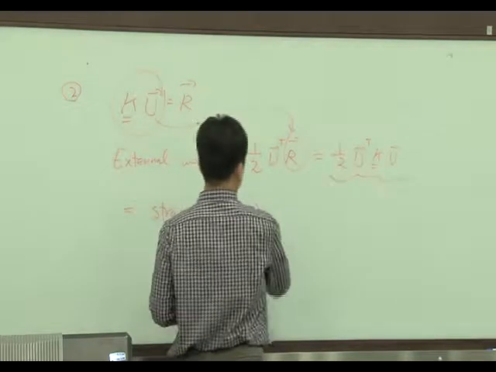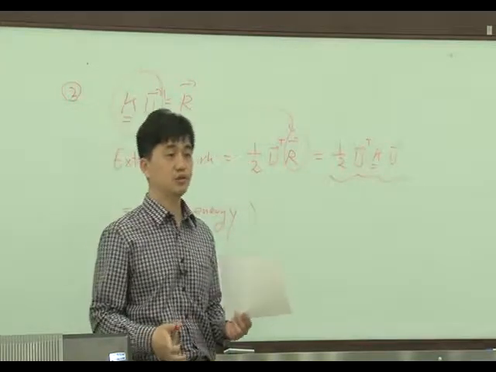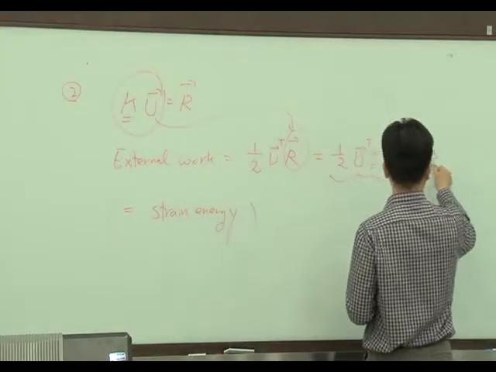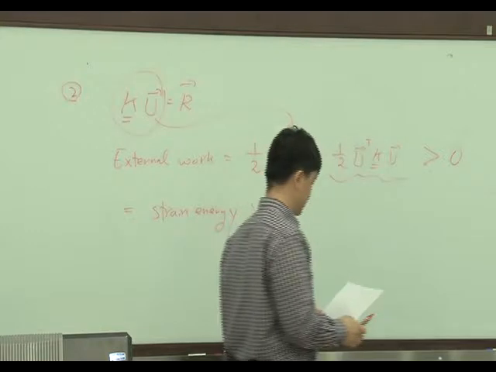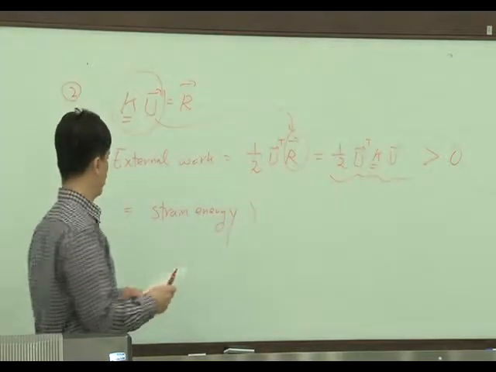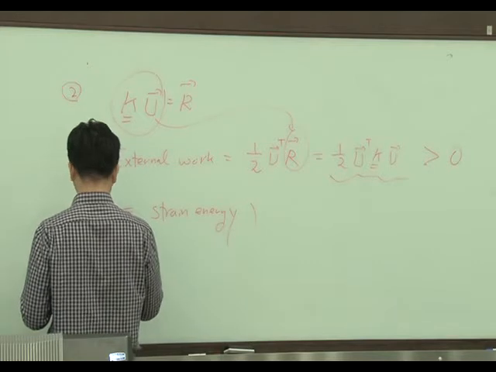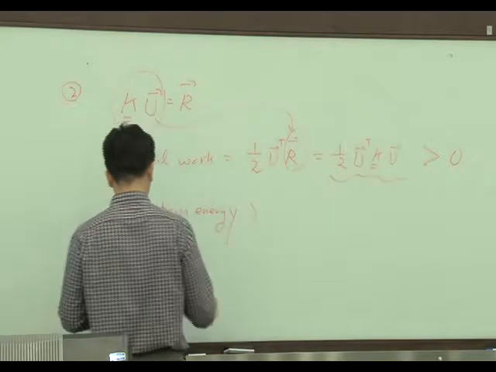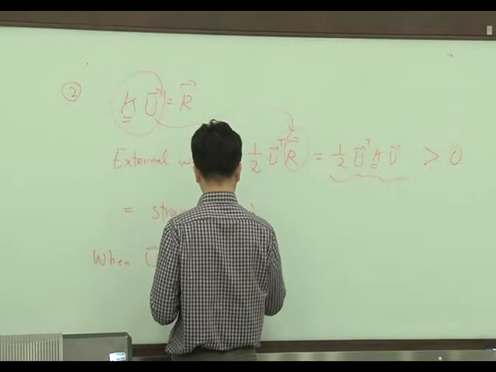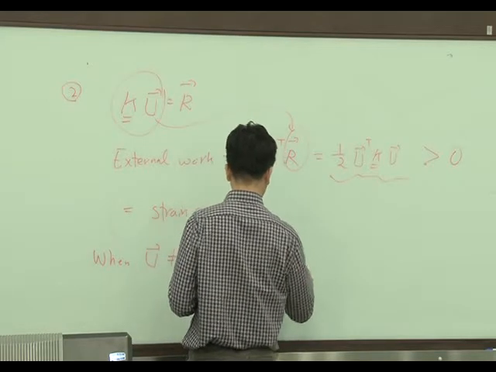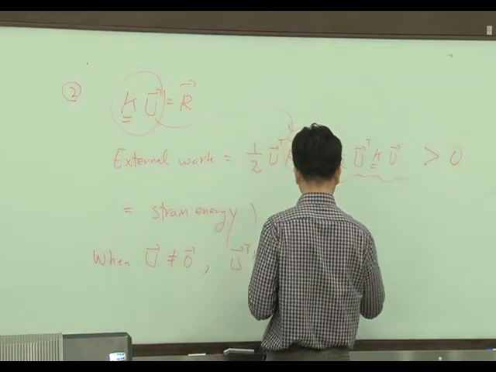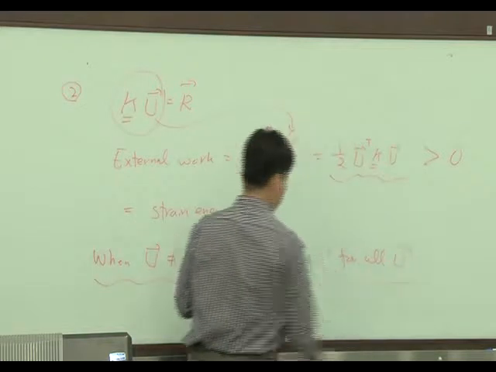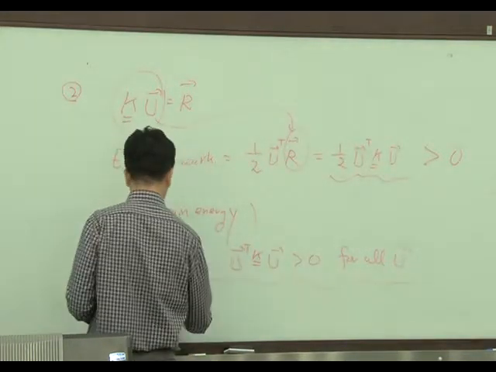Right? So, energy should always be positive, right? So this should be bigger than 0. So this means when displacement is not 0, U transpose K U should be bigger than 0 for all U. What's the name of this property of the stiffness matrix K?